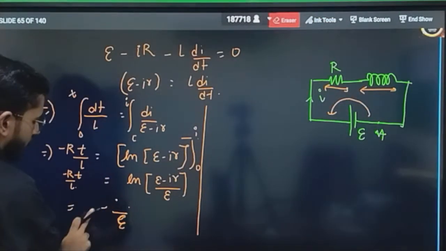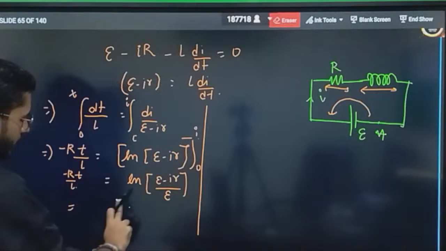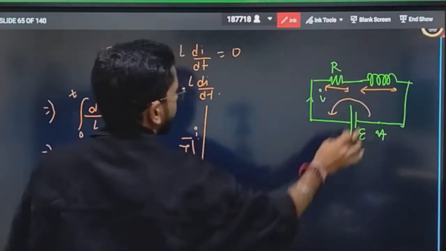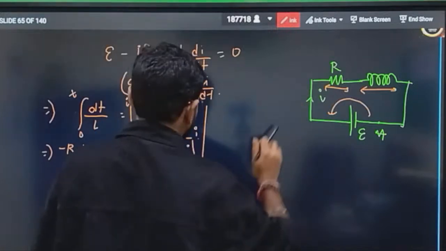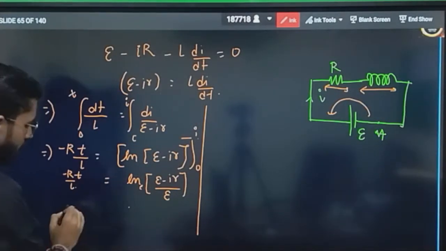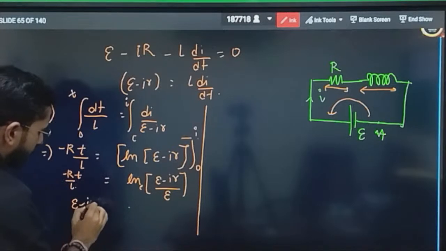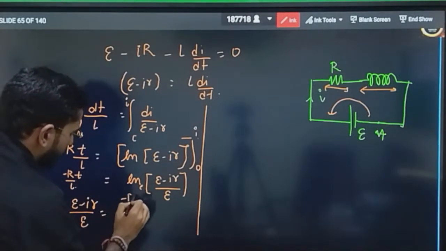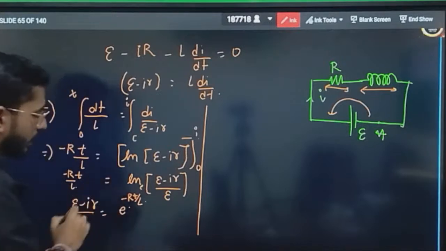Better to keep it as it is. We will write it in another way. See, the base is e. That means I will write E minus IR by E is equal to e power minus RT upon L.